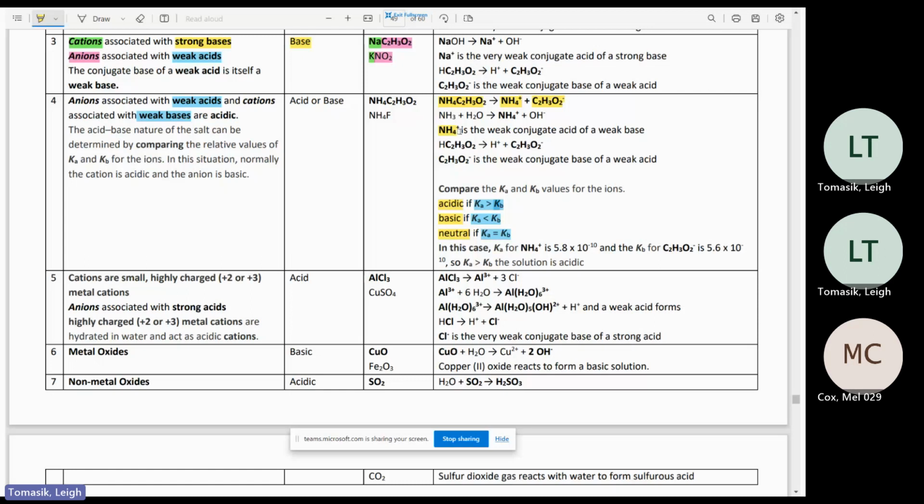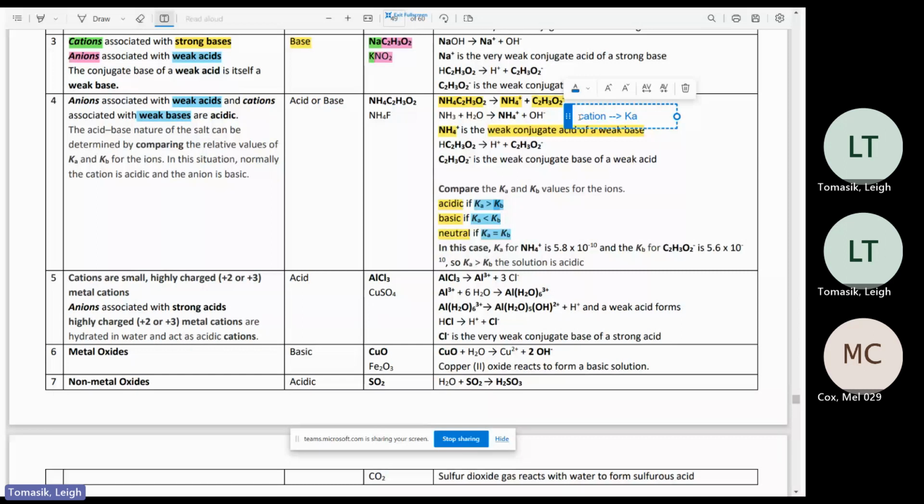NH4 plus is the part that came from the base, but the NH4 part is the weak conjugate acid of the base. So for the cation, you have to look up Ka, right?